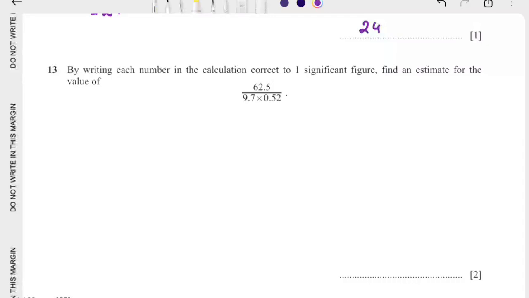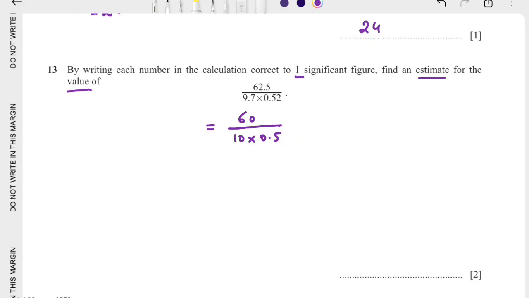By writing each number in the calculation correct to one significant figure, find an estimate for the value of 62.5 divided by 9.7 times 0.52. First of all we have to estimate them. 62.5 correct to one significant figure would be written as 60, 9.7 is 10, and 0.52 would be 0.5.